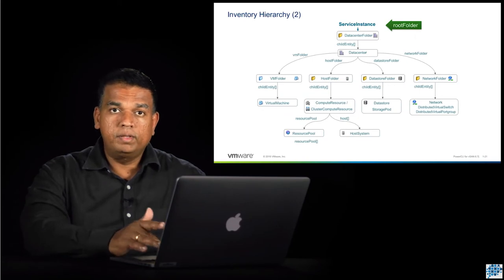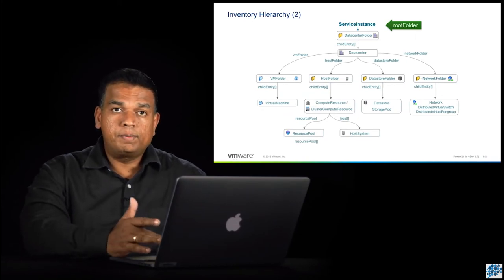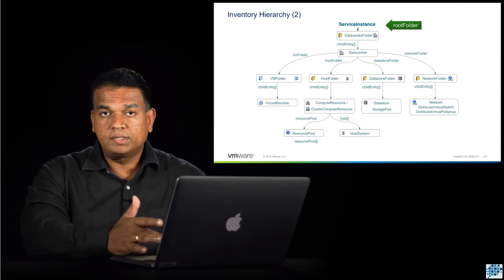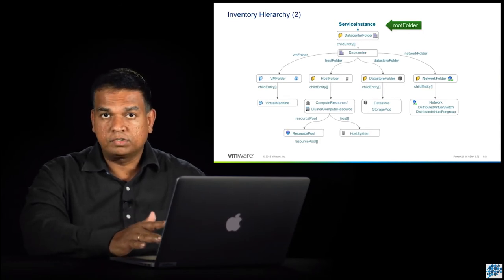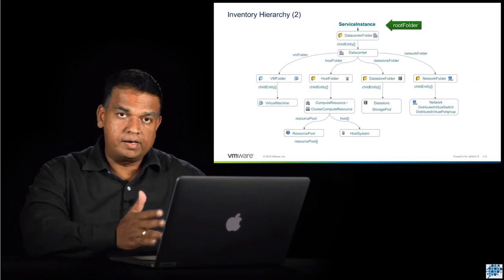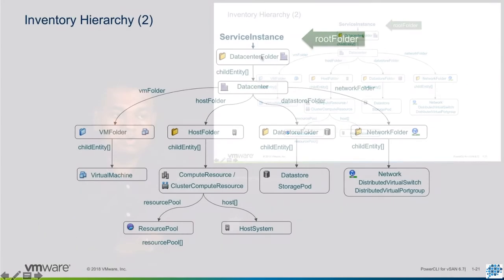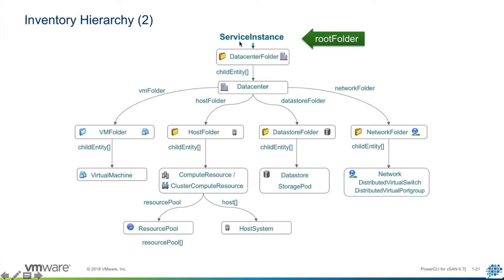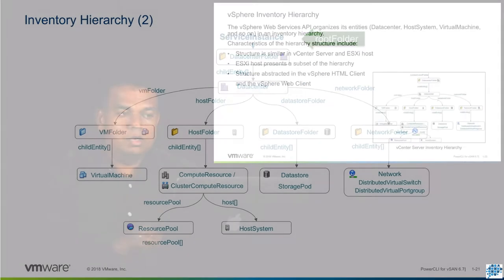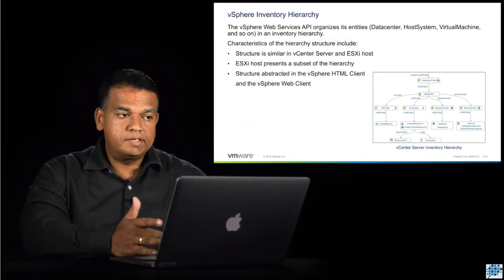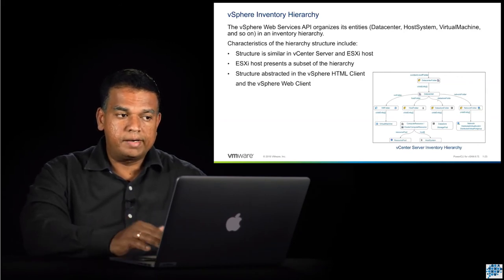Similarly, when we open the Managed Object Browser, it presents a view similar to that, but not exactly the same, because it is not as user friendly as the vSphere client. Here you start off with something called the service instance, which is the starting point, and then we go to the data center folder, followed by the data center and the similar child items, whatever we see in the vSphere client.